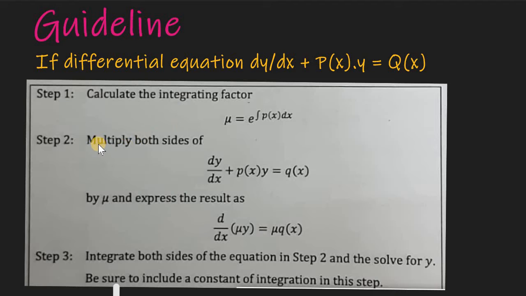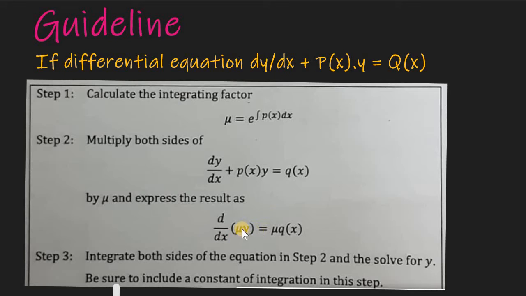Then after that we multiply all the terms with this integrating factor. When we do that, the left side becomes a product rule, so we can combine it into mu y. Integrating the product rule gives this version on the left side.